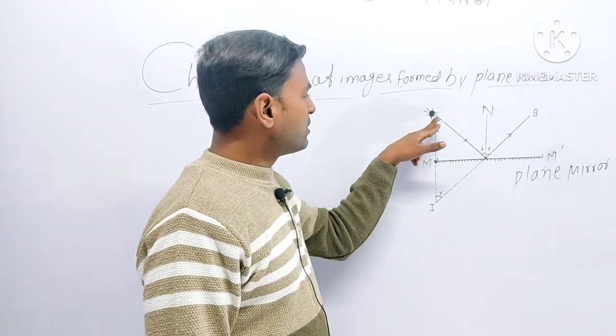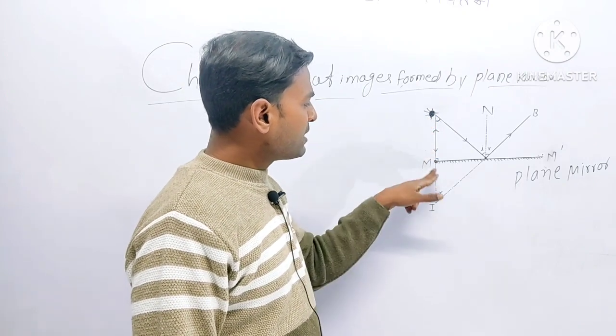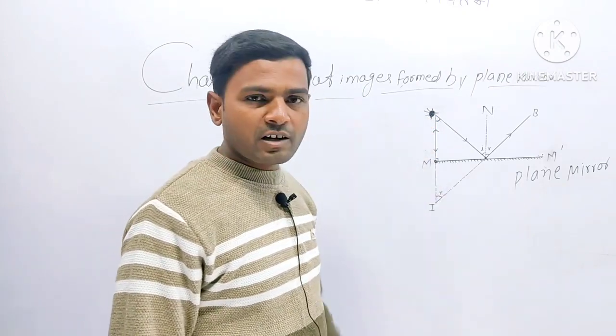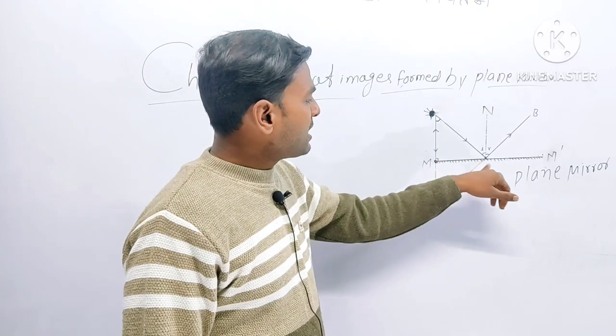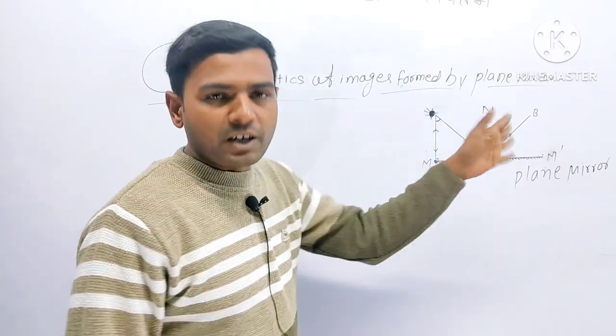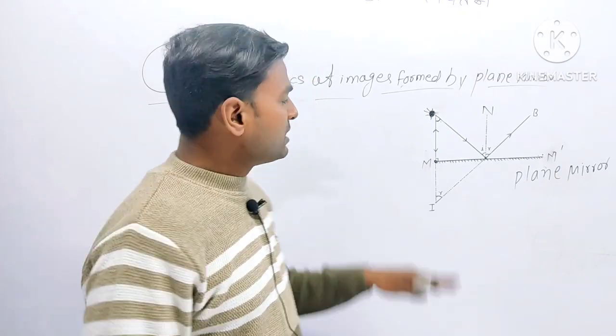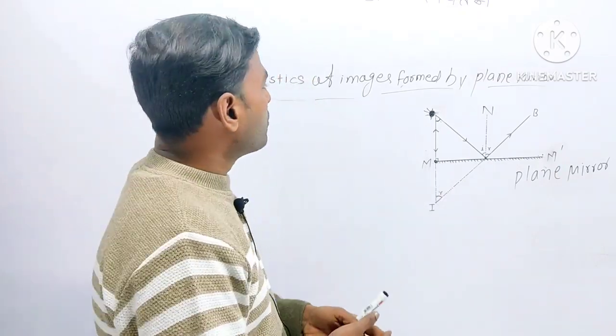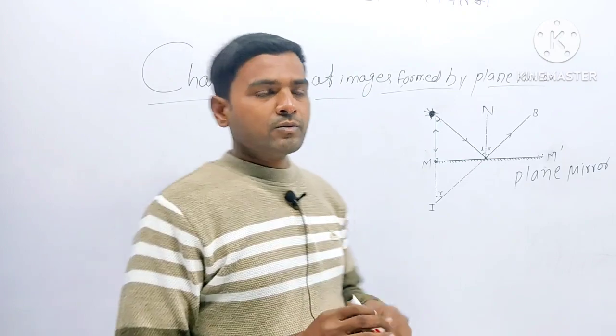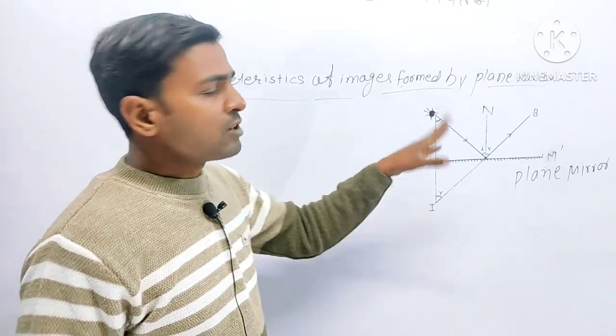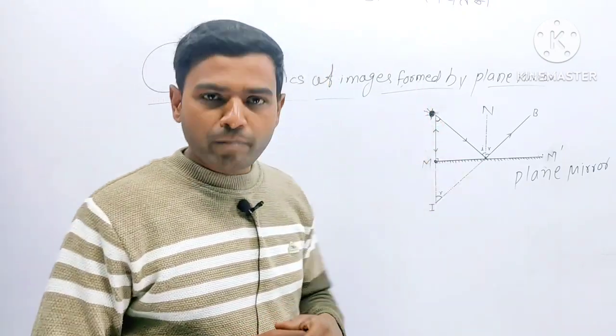One ray of light I have taken perpendicular to the plane mirror, and one light ray I have taken at some other place of the plane mirror. With this diagram we will try to find the characteristics of the images formed by this plane mirror.